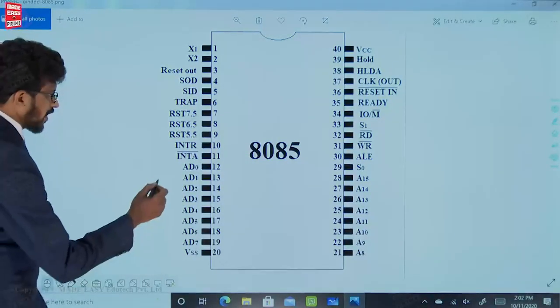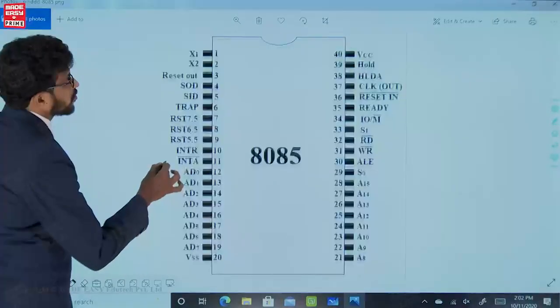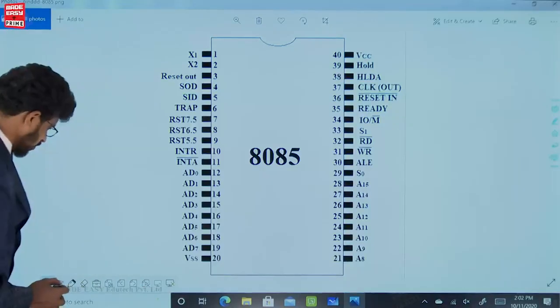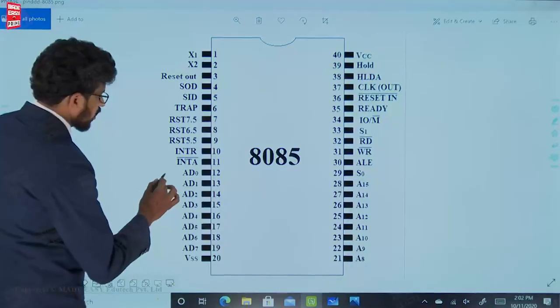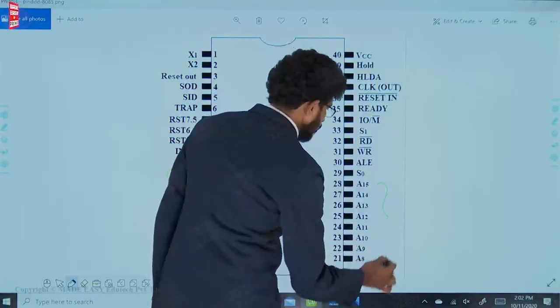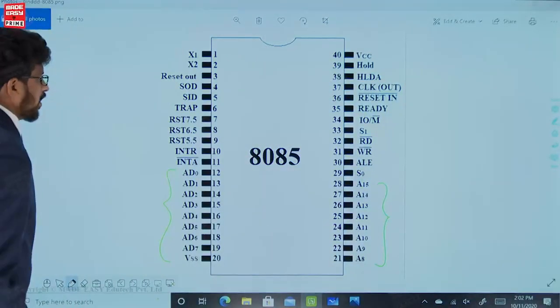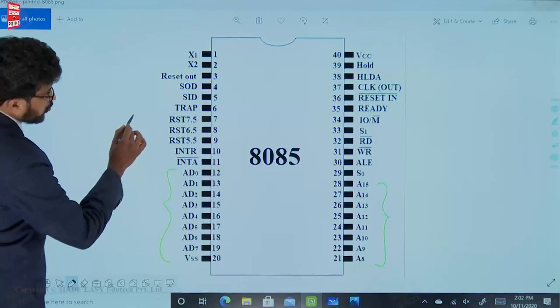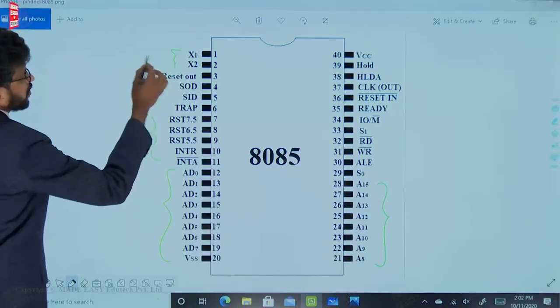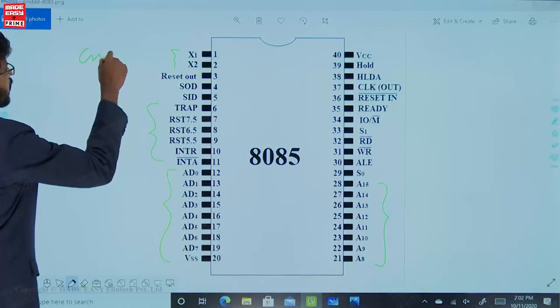In all these pins, every pin is one signal. You have studied about the address bus, the lower byte of the address bus, the multiplexed bus. You have also studied about the higher byte of the address bus, and the different types of interrupts which are possible, and also the two pins where the crystal oscillator can be connected.